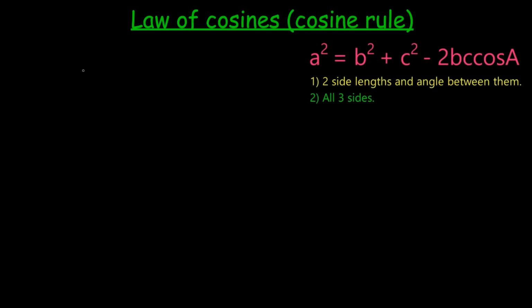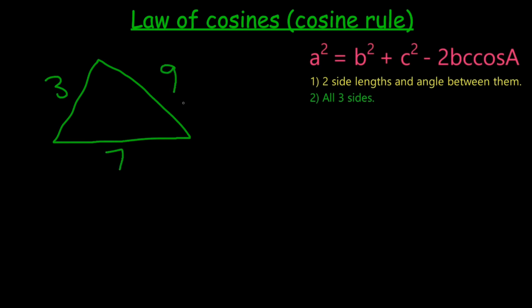Now let's consider the case where we know all the side lengths of the triangle. Let's say 3, 7 and 9.